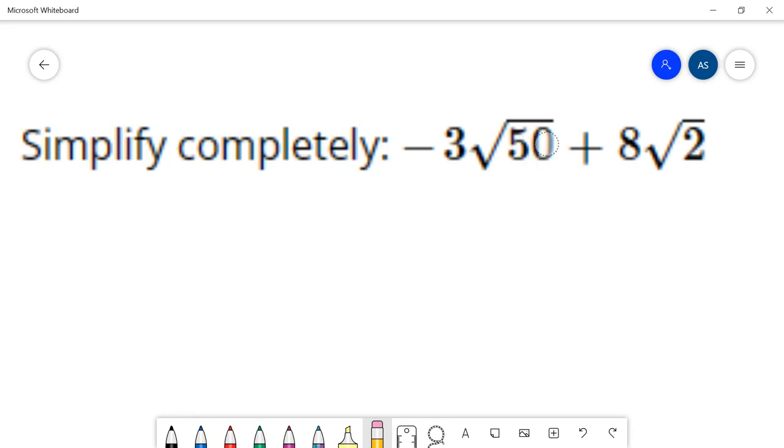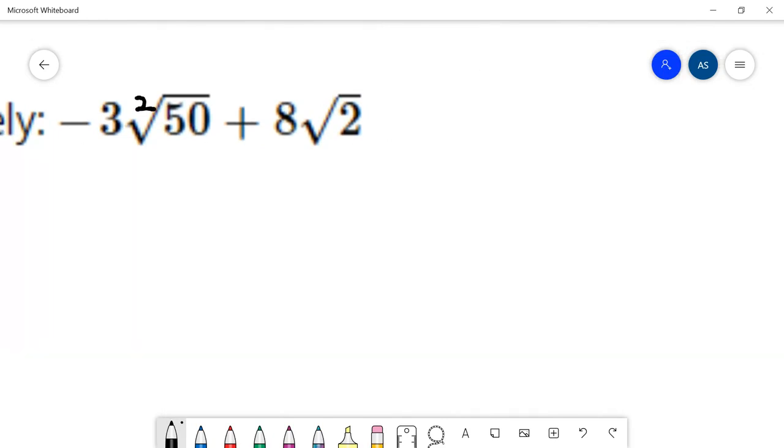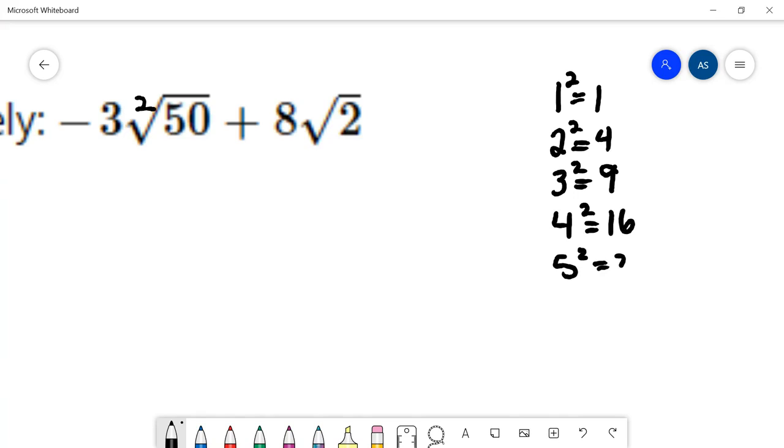But I can try to simplify the radicals, and maybe they'll be alike once I simplify them. So I'm going to simplify the square root of 50. Now, since this is a square root, we use perfect squares to simplify square roots. So let's write down some perfect squares. 1 squared is 1, 2 squared is 4, 3 squared is 9, 4 squared is 16, 5 squared is 25, 6 squared is 36, 7 squared is 49, 8 squared is 64.